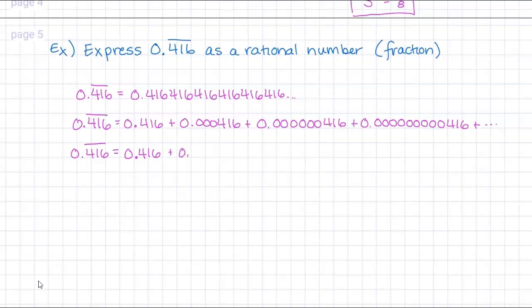So 0.416 times, well, we moved the decimal over 3 places to the left. That's multiplying by 1/1000th.